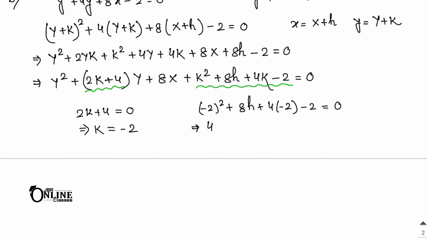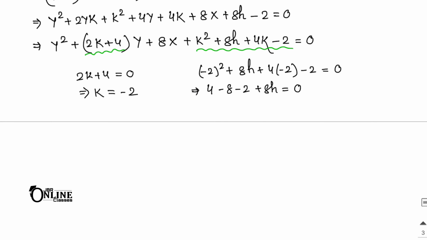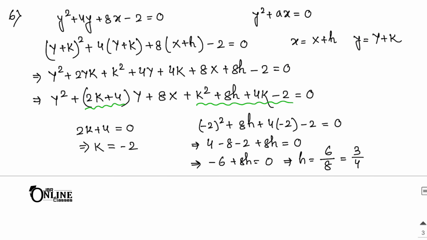From that it will be 4, and 4 minus 8, then minus 2 plus 8h equals 0. That implies minus 6 plus 8h equals 0. So h equals 6 by 8, that means 3 by 4. So as h equals 3 by 4, k equals minus 2, your answer will be (3 by 4, minus 2), that is your answer.